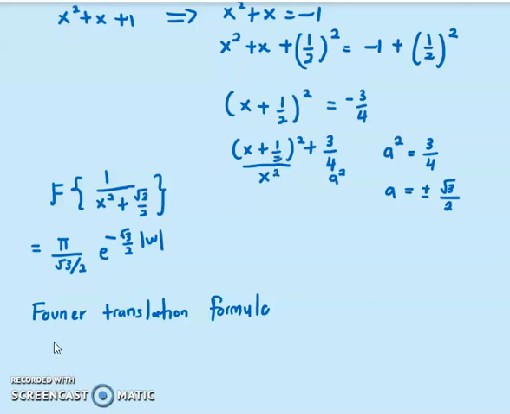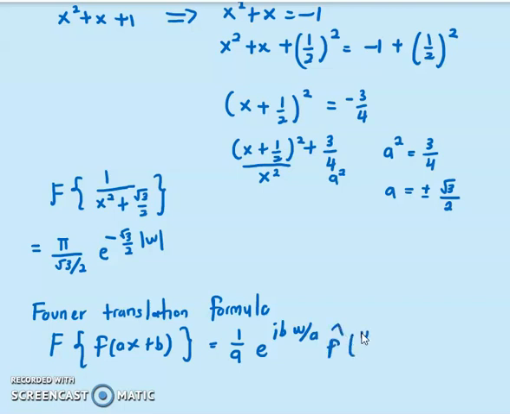Okay, so what you do here, we know the Fourier transform of f of ax plus b is given by 1 over a, e to the i b omega over a, f hat of omega over a.